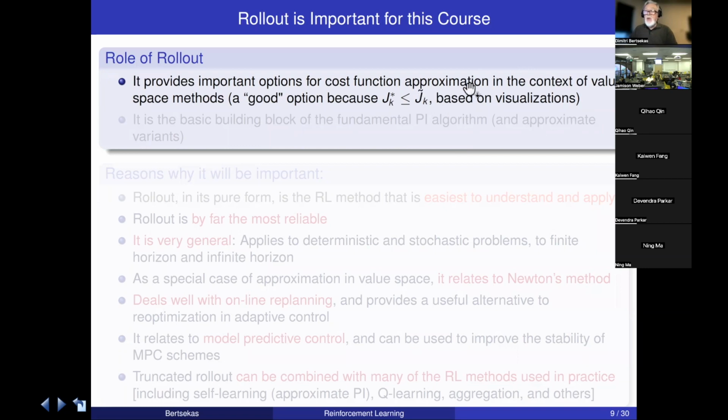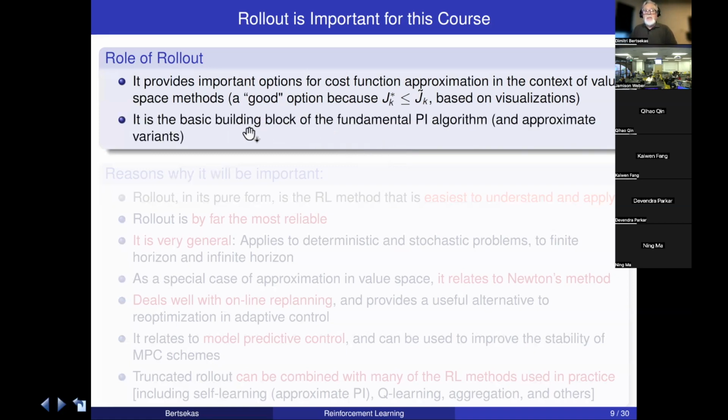So it's one option for cost function approximation, implementable online. But there's also another reason: if you go back to the visualizations we did in the previous lectures, you'll see that it's a good option because it approximates the optimal cost from above. And approximations from above, if you recall, tend to be better from the point of view of stability, for example, and for other reasons. So that's one important reason why we like rollout.